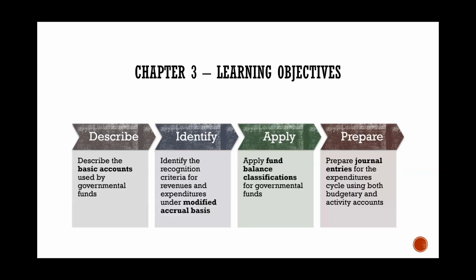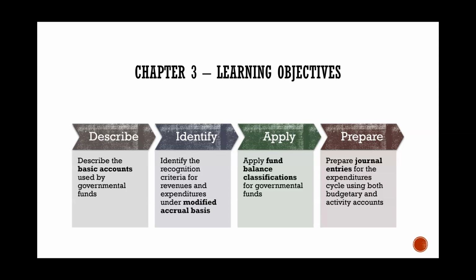So let's talk about the learning objectives just very briefly here. We're going to talk about the basic accounts that we use in the governmental funds. So these will be both financial and budgetary accounts, both permanent, which, if you'll recall, means that they do not close at the end of the period or the end of the year.